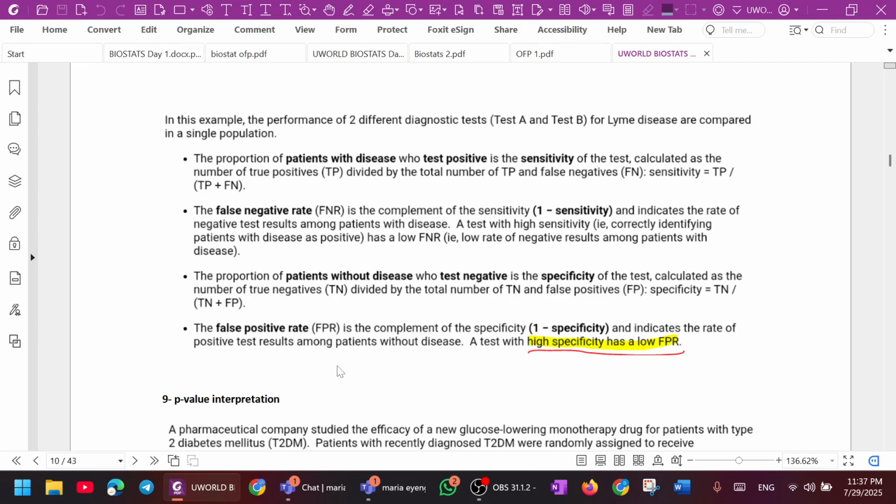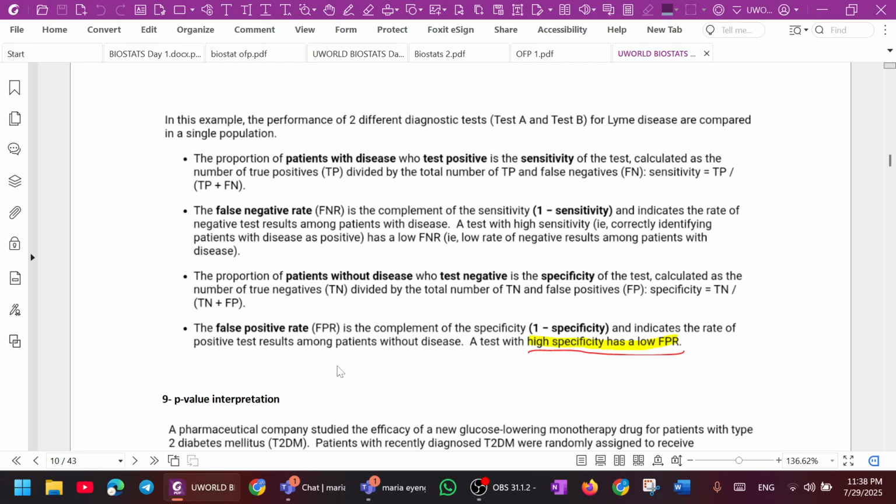Then we have C. Test A has a higher false positive rate than test B. If we go to our table, thank God we have our table here, the false positive rate will be on the specificity.